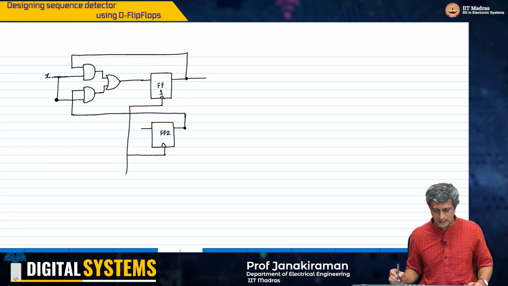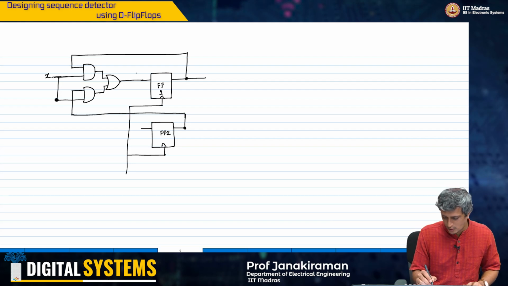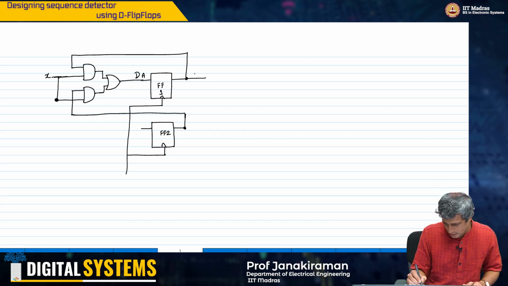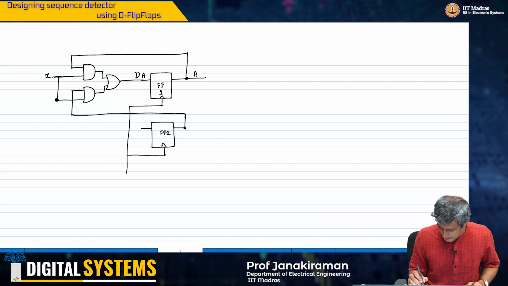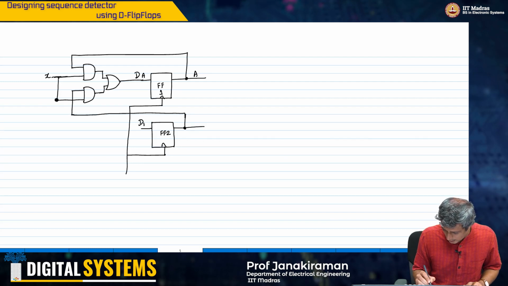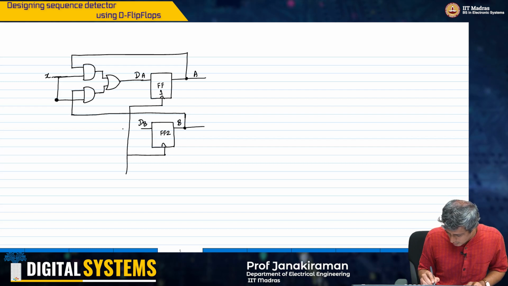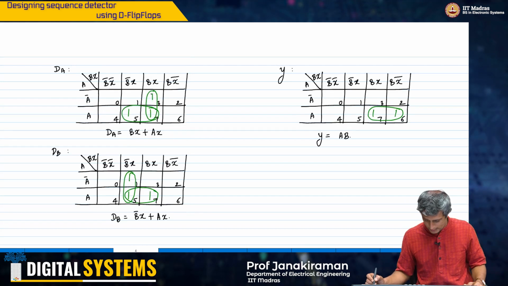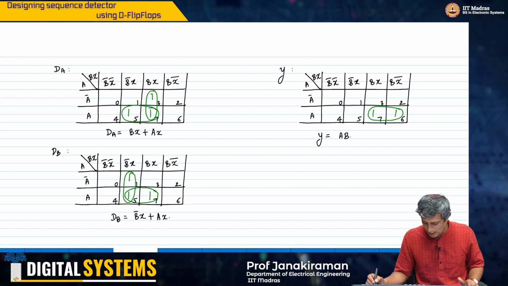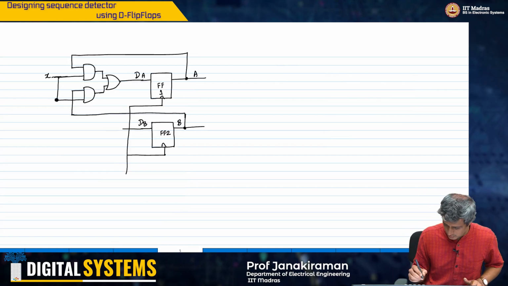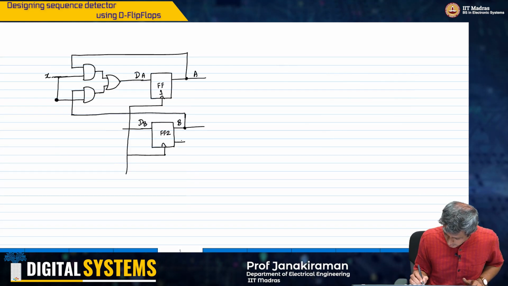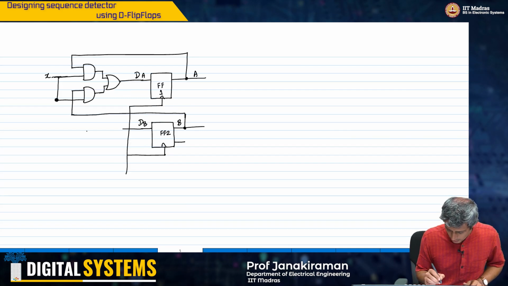Okay, so I have the input. This is my DA, this is my A, and this is my DB and B. So what do I have for DB? It is B bar into X. So I will assume that Q bar is available here.